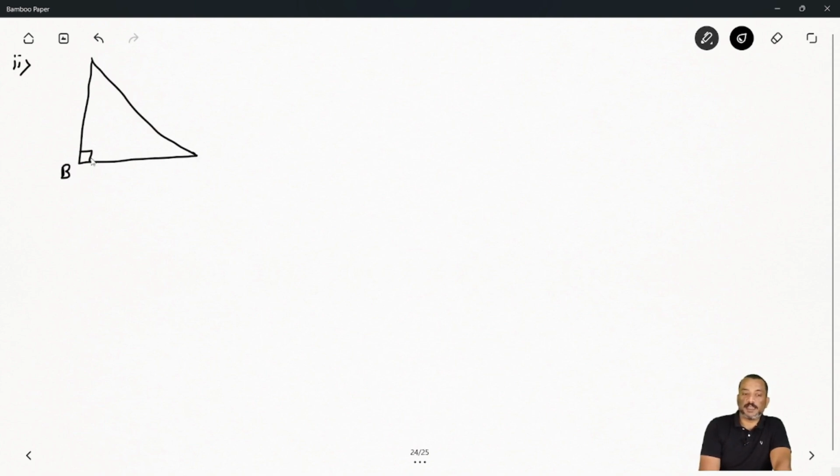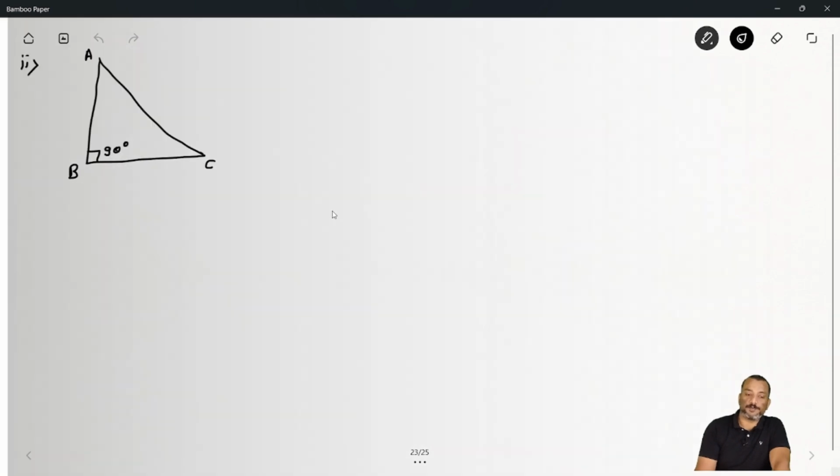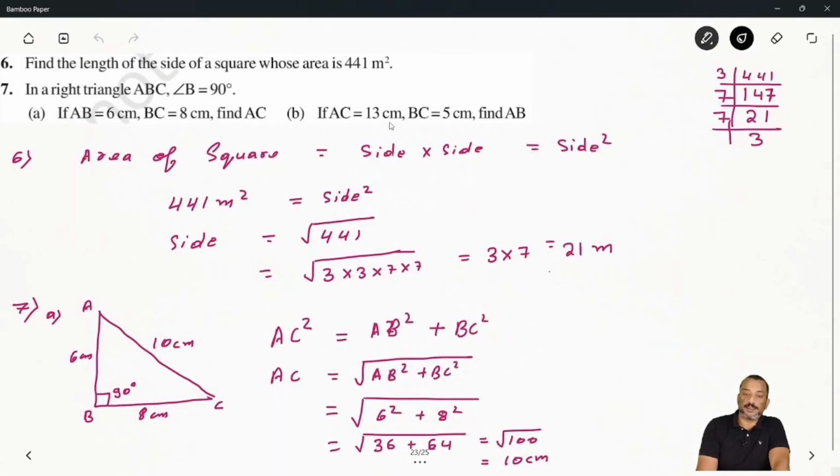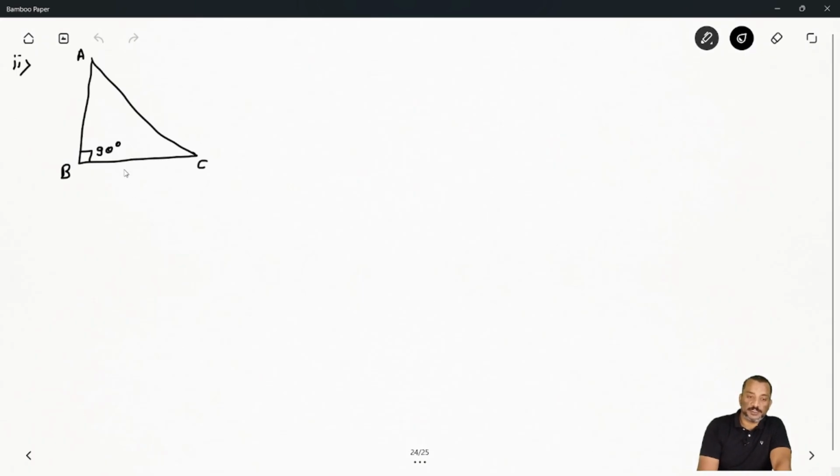B is 90 degree, this one is A and this one is C. BC is given as 5 centimeter and AC as 13 centimeter.